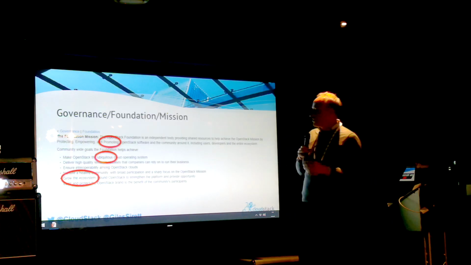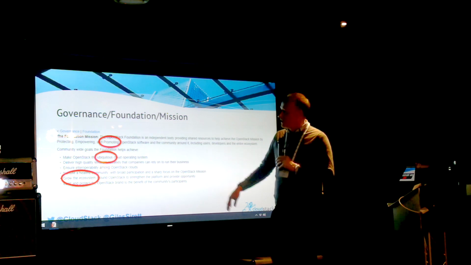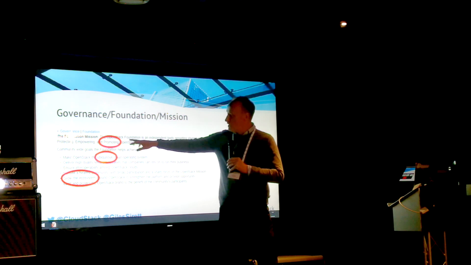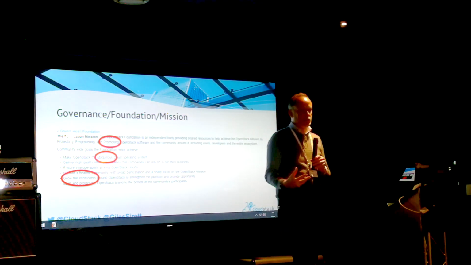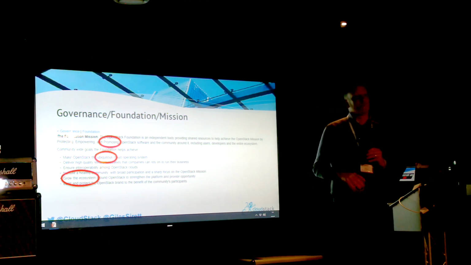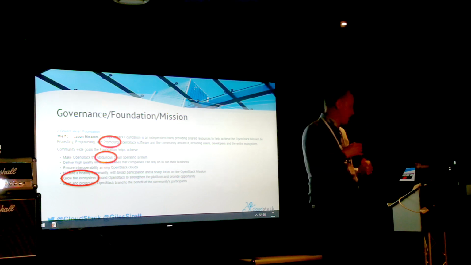Okay, and at the heart of that, if you look from an OpenStack perspective, their foundation, I've just highlighted some words there: promoting, ubiquitous, grow the ecosystem. That's what the OpenStack Foundation does. Okay? And to a certain extent, the Linux Foundation is like that. They are a very commercially minded open source foundation.